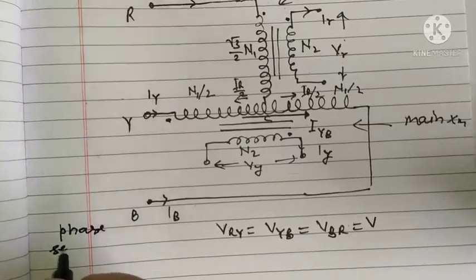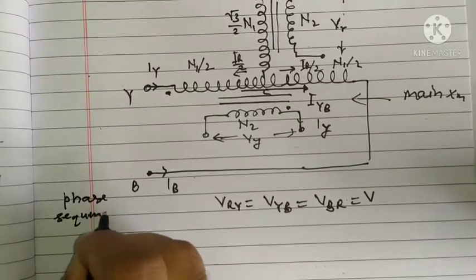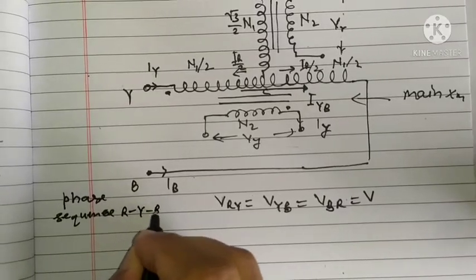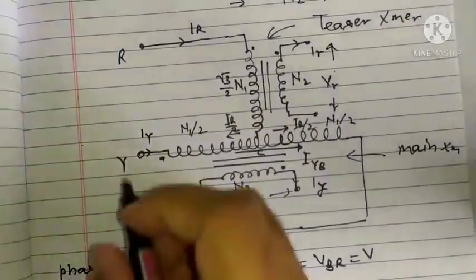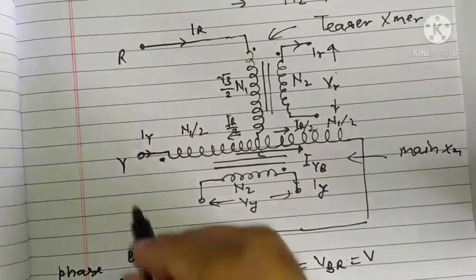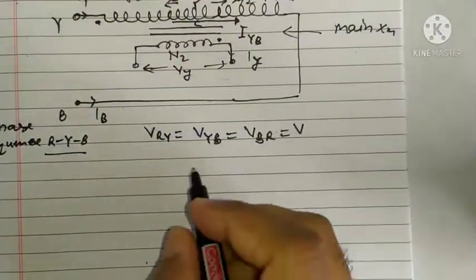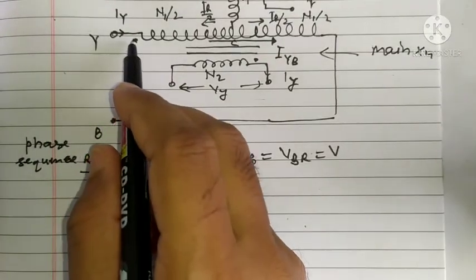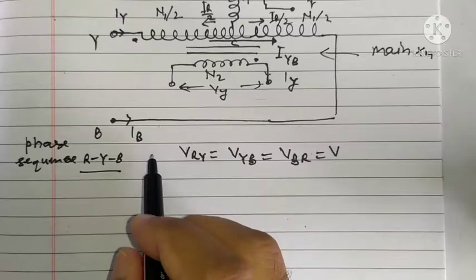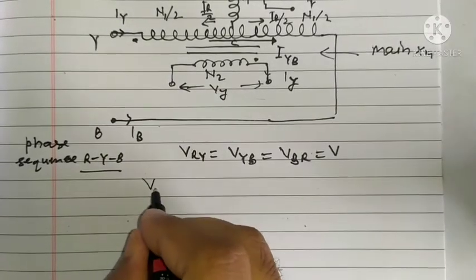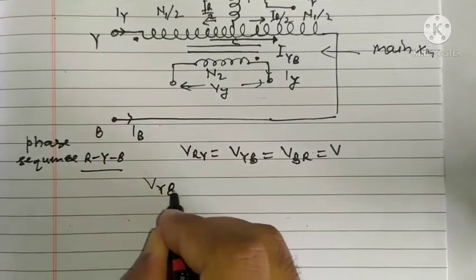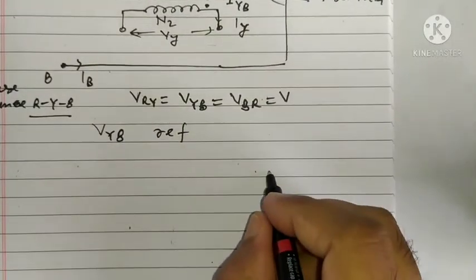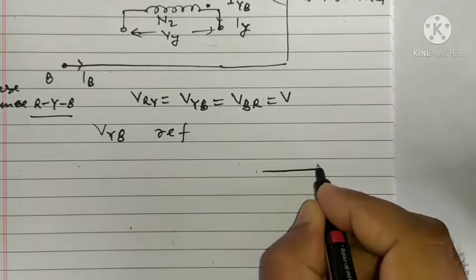Phase sequence we are following as R, Y, B. VRY, VYB, VBR. Right. Let me take VYB, that is primary winding voltage of main transformer, as a reference.